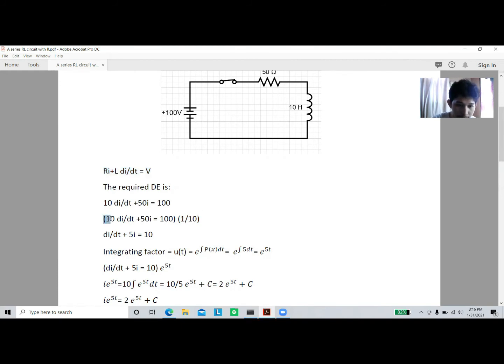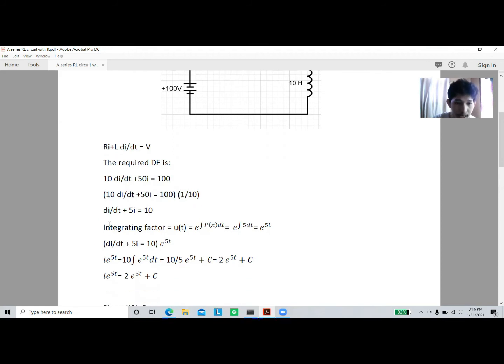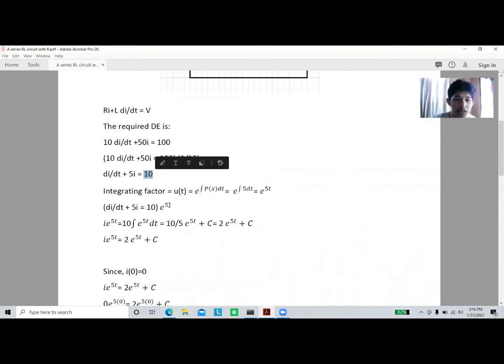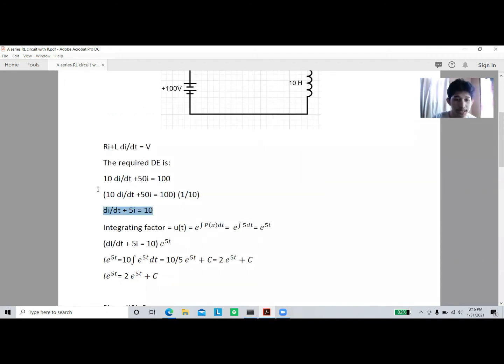So this 10 will be cancelled. So it will become di over dt, and then the 50i will be divided by 10, so it will become 5i, while the 100, after being divided by 10, will become 10.